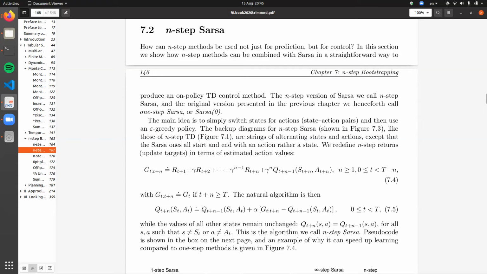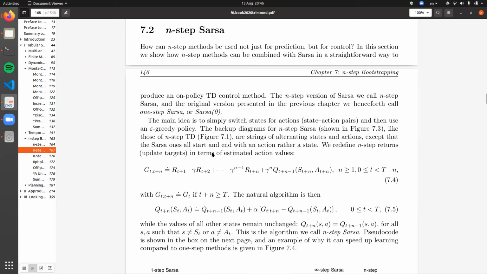So here we will use this value for the estimation of the expected returns, and this is very similar to the expected returns we used for the state value estimate, but in this case, instead of v of s t plus n, we use q of st plus n, at plus n, right?